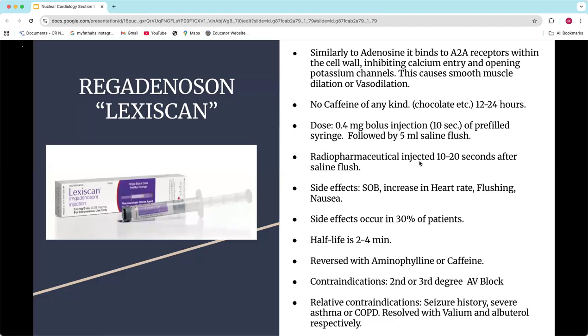This is less important when you're using Cardiolite, because remember, Cardiolite is going to circulate. You give it to the patient, it starts dilating, you get circulation of Cardiolite, and you'll get that dilation by 90 seconds. So you'll still get a good picture with Cardiolite if you do 10 to 20 seconds. You could wait the 90 seconds, it's fine.